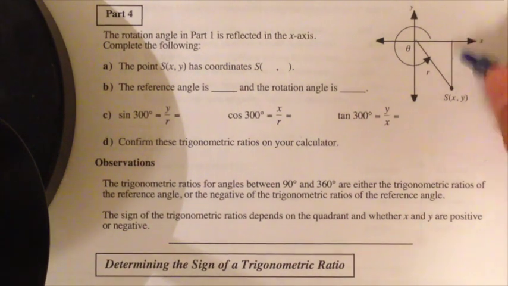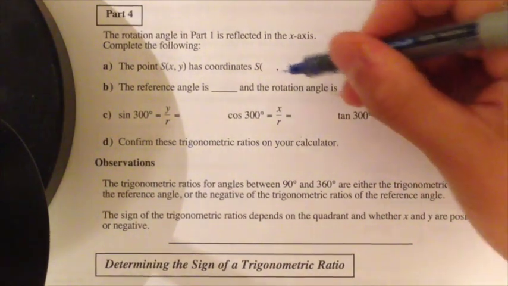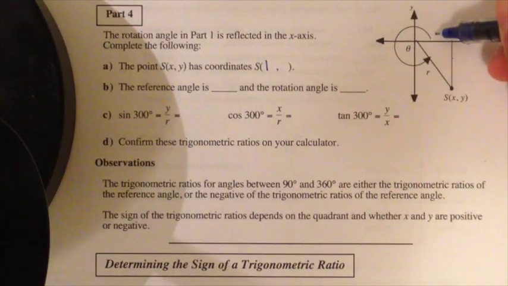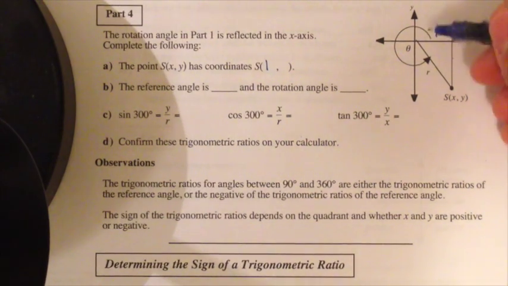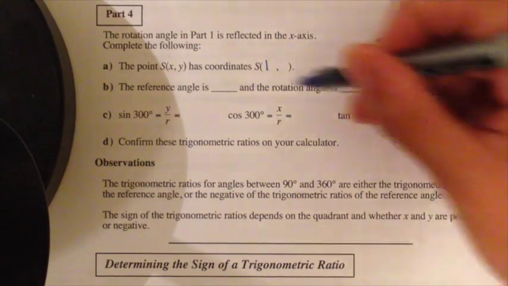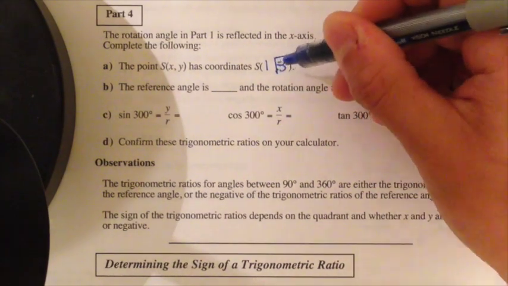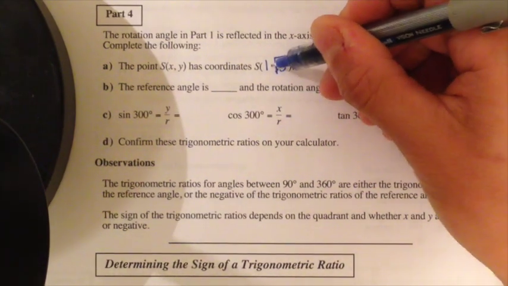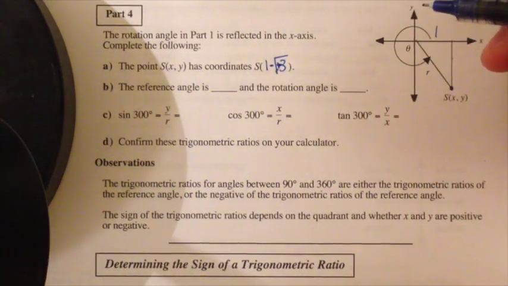So the point S, x y, has coordinates of 1, since 1 was our initial x value, and since our initial y value was rad 3 up top here, it's now going to be negative rad 3, just like it was in the previous example. And I should have the negative sign outside of my radical sign. It's just a little mistake.